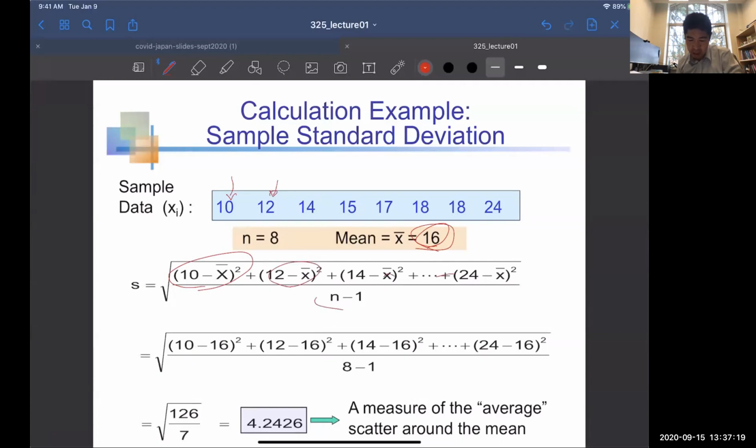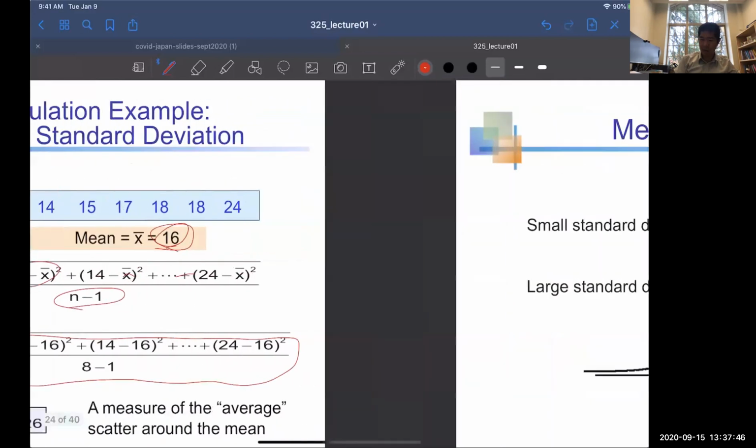Take the sum and divide by, the pseudo average, I should say, n-1 rather than n. That gives the variance: 126 divided by 7. Then take the square root, and that gives you 0.2426. So that is the measure of the spread. How useful it is, I'm going to explain later, hopefully.